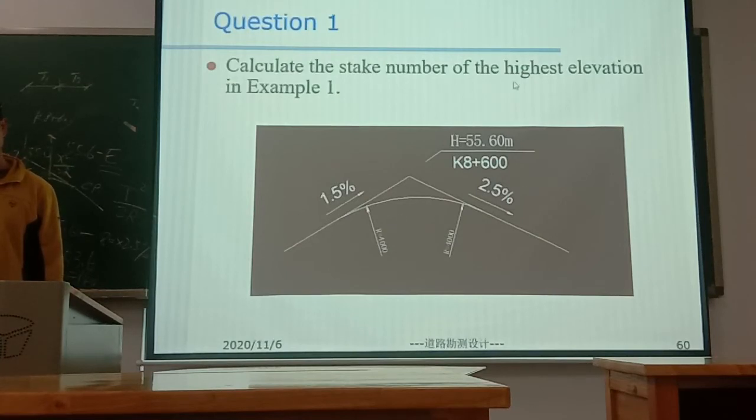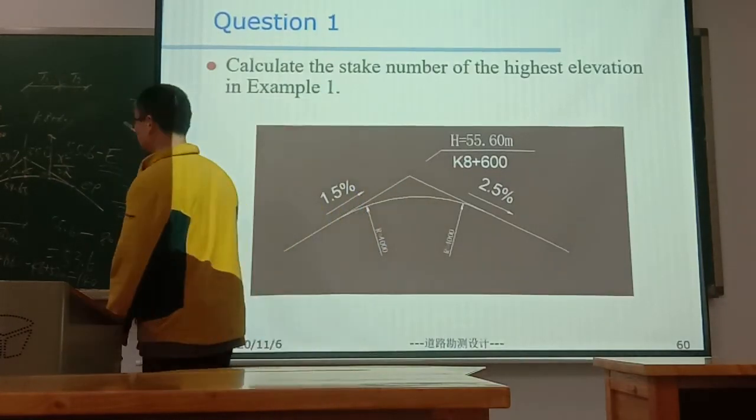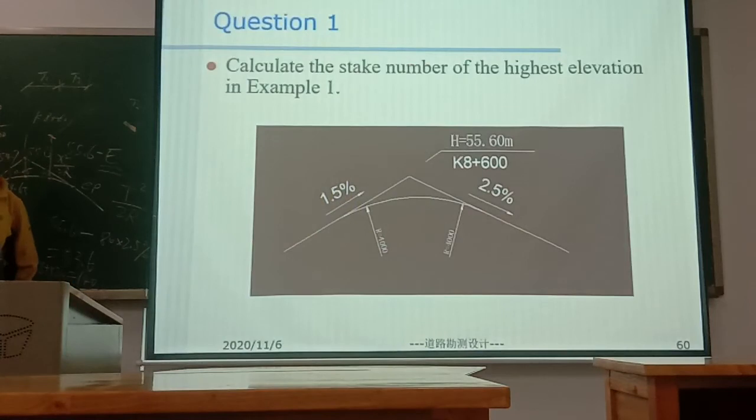Calculate the stack arm of the highest elevation. Example 1. What's the highest elevation? 55, this point. So we take 55 times 16 minus 8. You can see this is not the highest elevation.